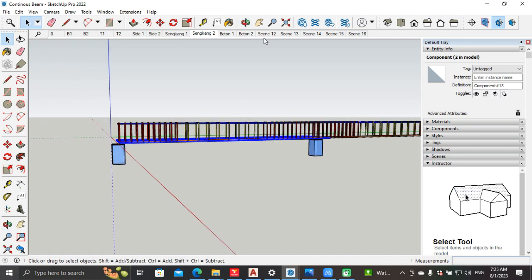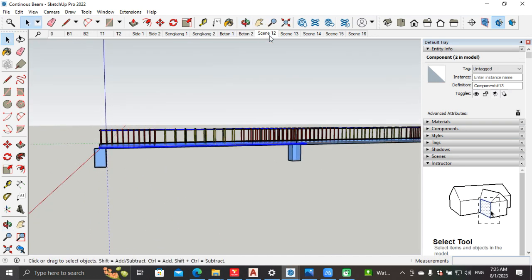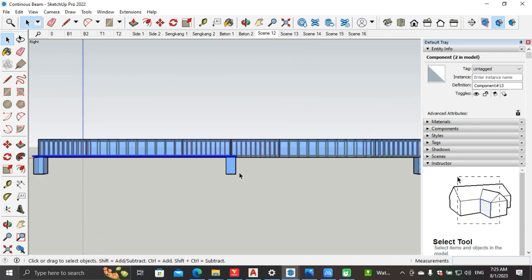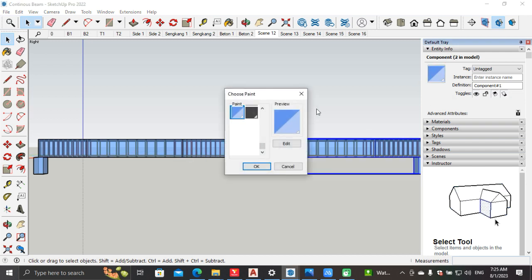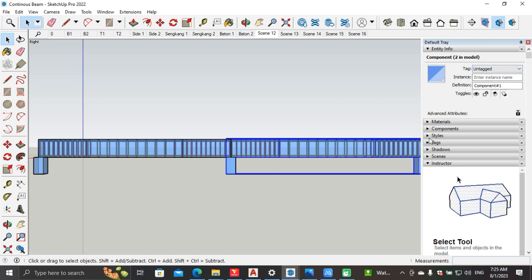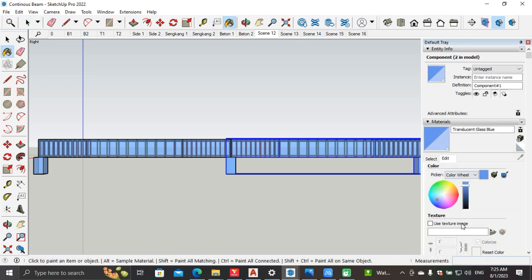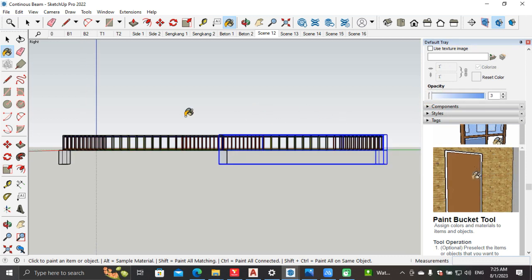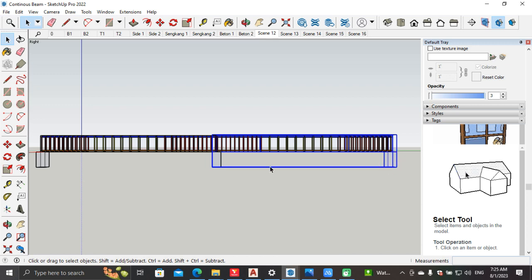So what you have to draw is, first thing you have to draw the horizontal structure. That is, you have to show the stirrups. This thing you have to show. That is, you have to show the supports.